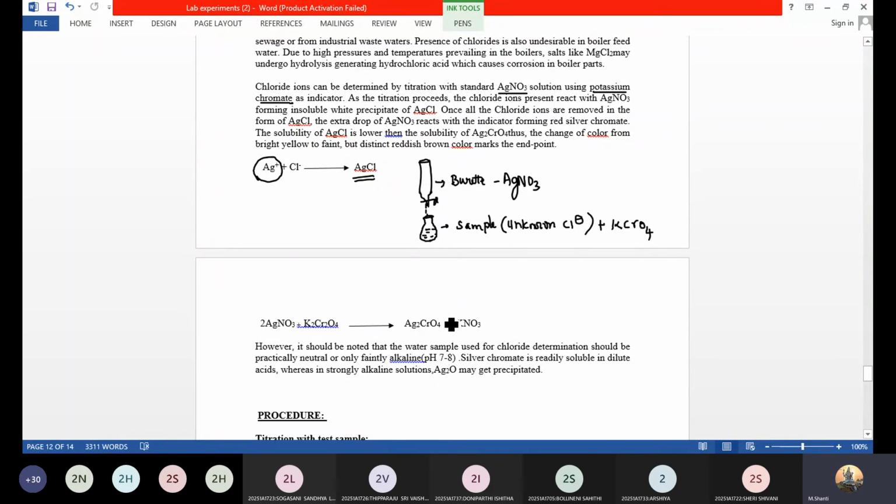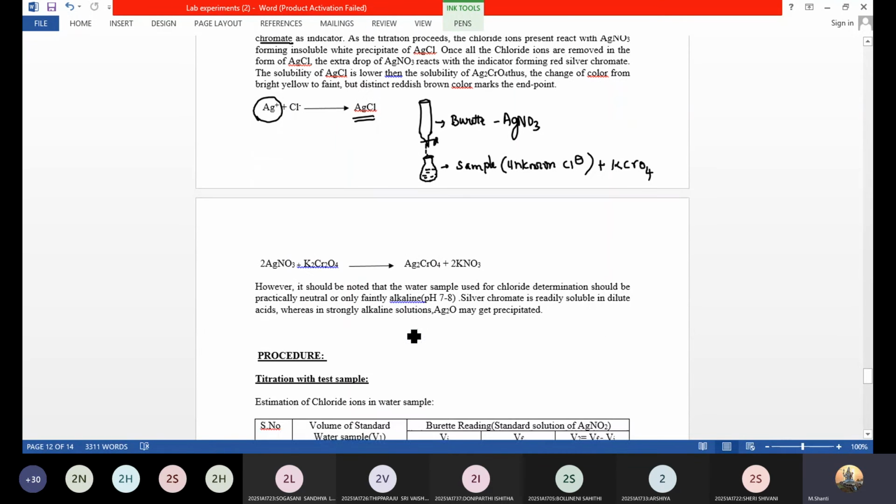That's how you can find out the reaction is completed. That means all the chloride ions in the solution have reacted with the Ag. That is indicated by the indicator, because here AgNO3 reacts with the K2CrO4 and forms Ag2CrO4, which is a reddish brown precipitate. And here remember that the water sample you are taking for the titration, the sample water, right?